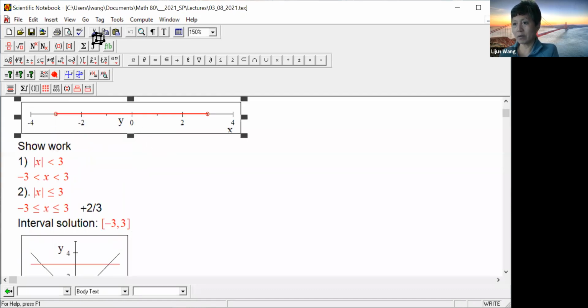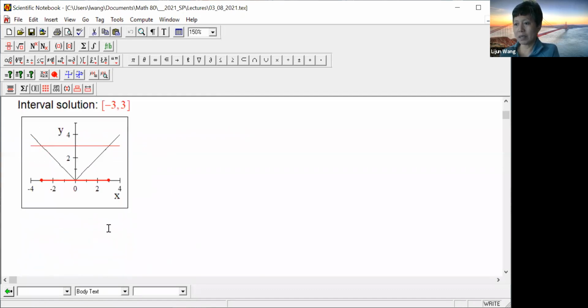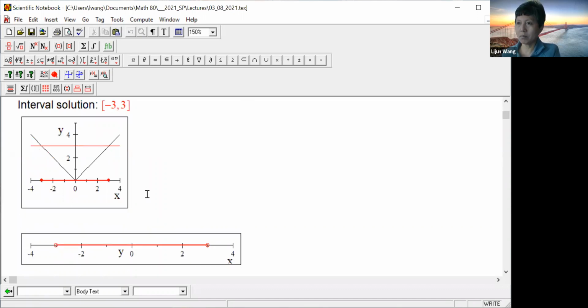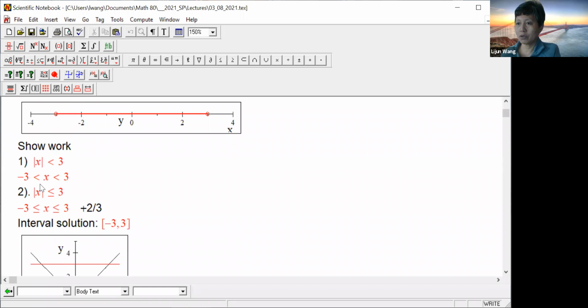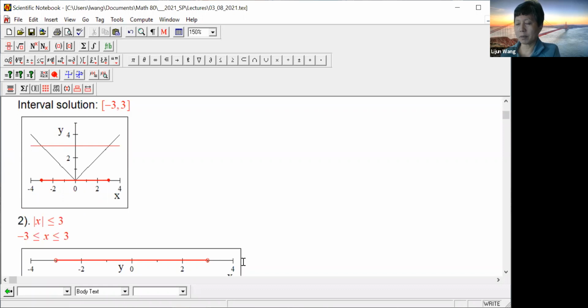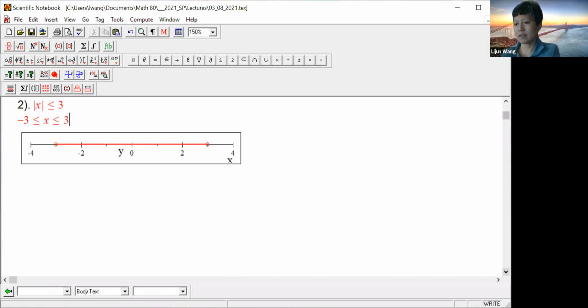So let's look at another perspective. Another perspective for this question would be the number line. If you see it from the number line's perspective, of course, the answer is the same. The way you show the answer is the same.